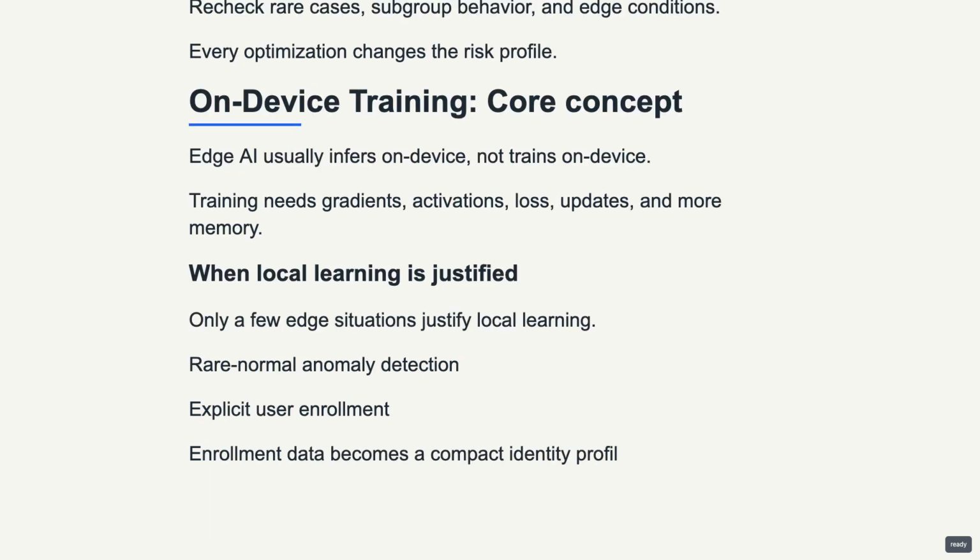Access badges, face unlock, and voice authorization all use this idea. The system is learning a specific identity profile, not rebuilding the whole model, so the adaptation stays narrow and manageable.